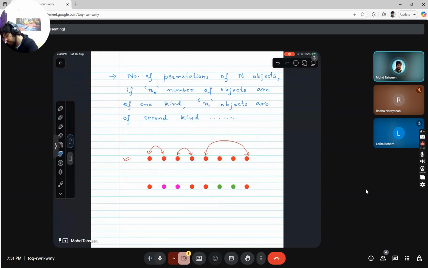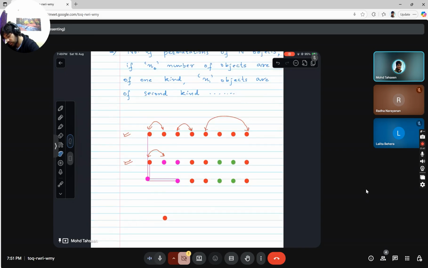And now in this case the rearrangement makes sense, because if I change this one with this one, I will get something like this, where this one would be here, this one would be here.